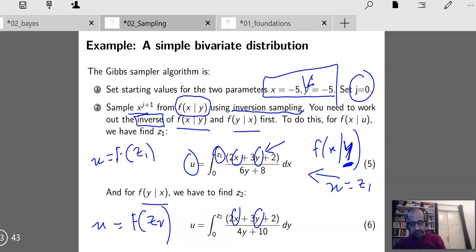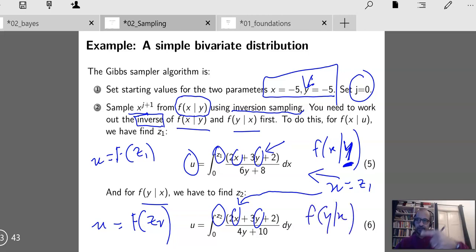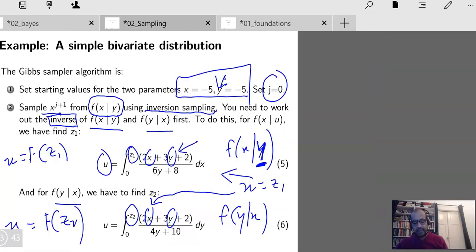So you're going to take that number, whatever z1 is, plug it in here, and then solve for z2, and then you get a sample from the conditional distribution of y given x. So this is how it proceeds. You keep repeating this process. Once you've gone to step 1, then you go to step 2, and so on.